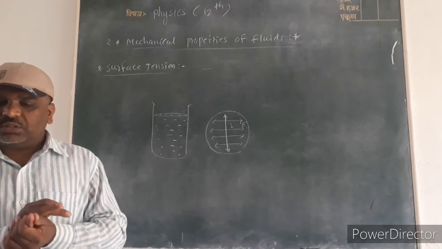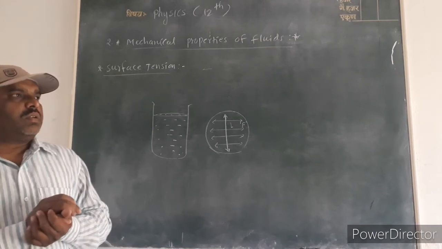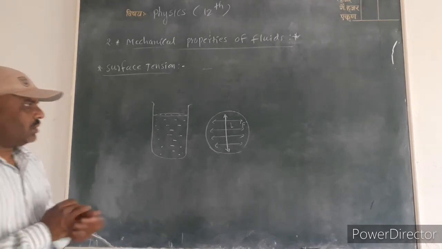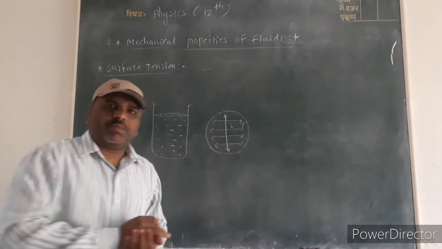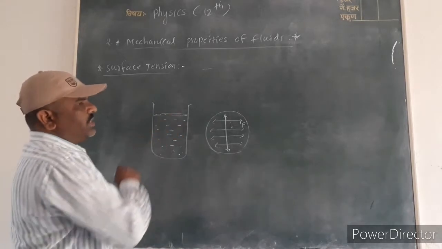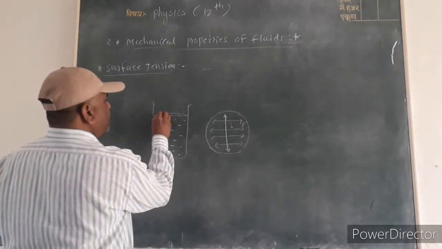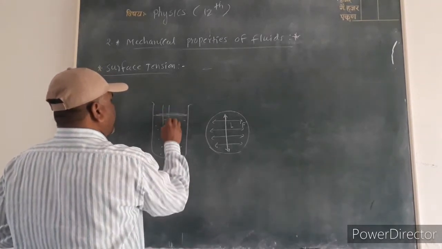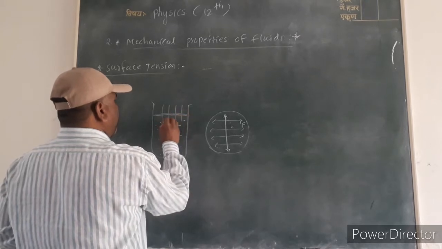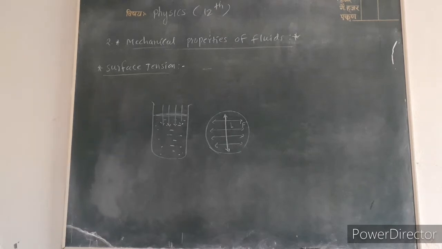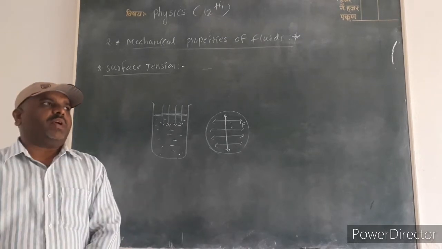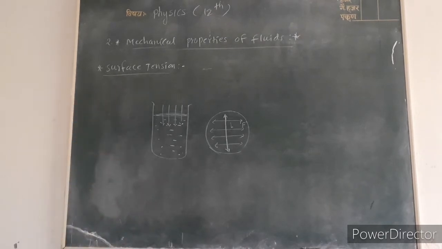The L line is an imaginary line on this free surface. The tangential force acting on this imaginary line between both sides of the liquid surface is called surface tension.